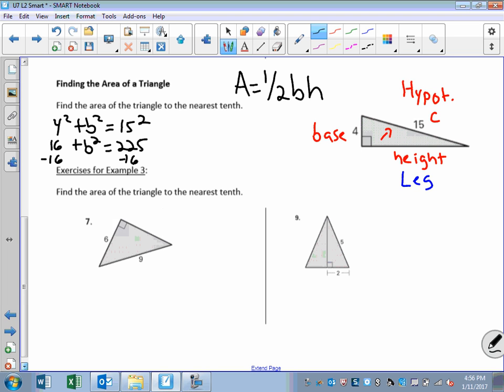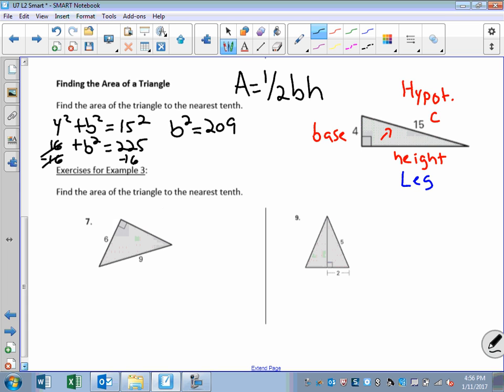I'm going to continue right next to this. So now we got b squared by itself on one side, and that's going to be equal to 209. I got 209 because 225 minus 16 is 209.